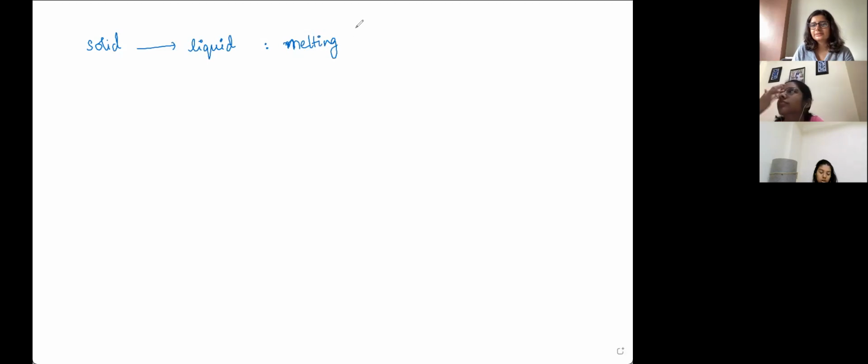The first one, when a solid is turning into a liquid, what is this called? Melting. There's an alternate name to it. Do you remember what it is? Fusion. Yes, fusion is correct.